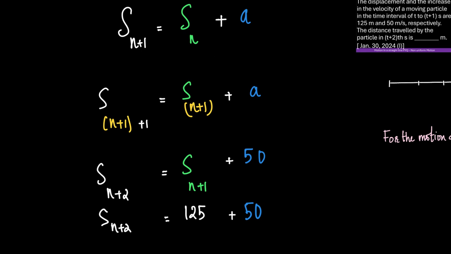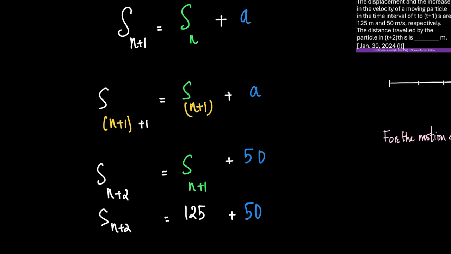How? We have been asked to find out t plus 2, or rather n plus 2, which means I can switch this n plus 1 to n plus 2. How? Replace n by n plus 1. So Sn plus 1 becomes Sn plus 1 plus 1, which is Sn plus 2. Similarly, Sn becomes Sn plus 1.